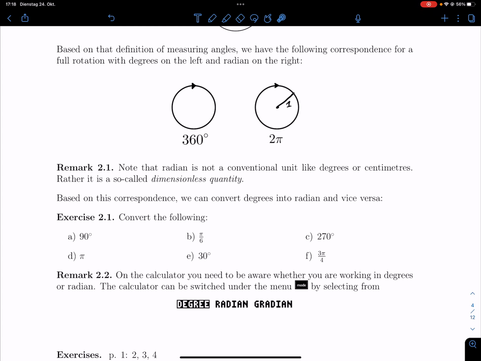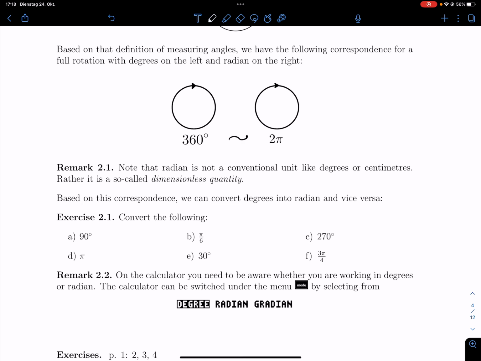And here, what we're going to do is we're going to really equate, or correspond rather, 360 to 2 pi. So this wavy thing here, you can read it also as an equal sign. It's technically not really equal, but you don't make any mistake if you treat it as an equal sign. I'm just trying to be as precise as possible here.